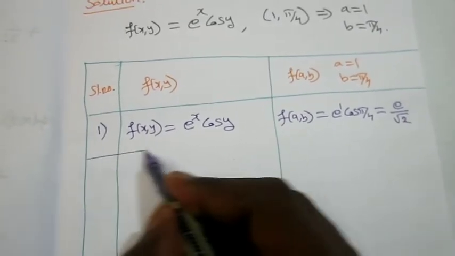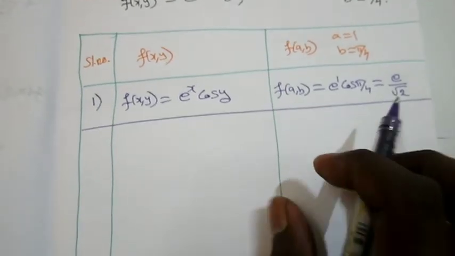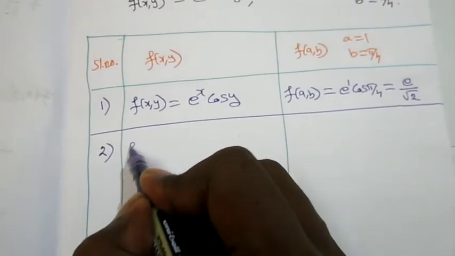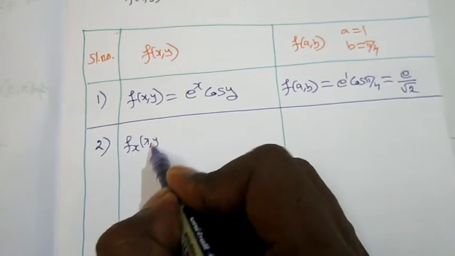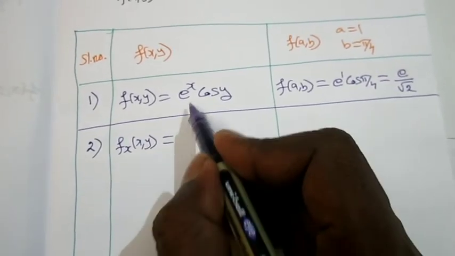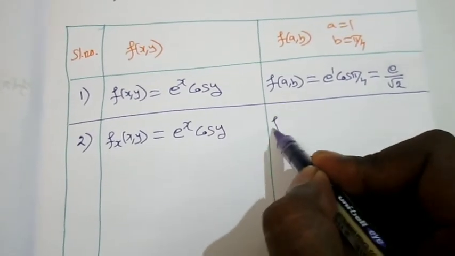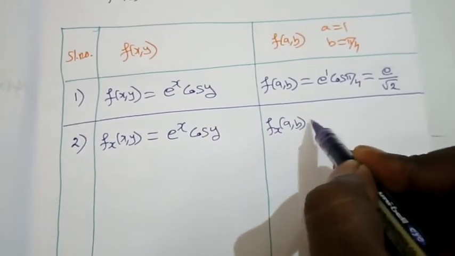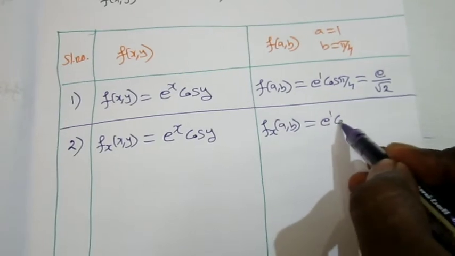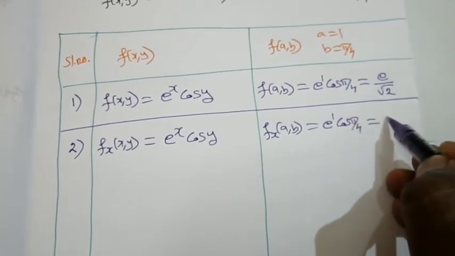So the first term is over. Next, fx of x comma y, the partial derivative with respect to x. e power of x differentiated is the same e power of x, so no changes. So fx of a comma b is once again e power 1 into cos pi by 4, which is e by root 2.